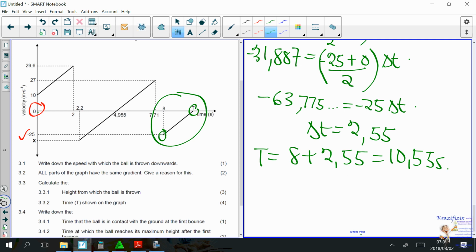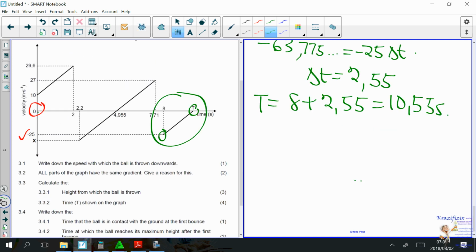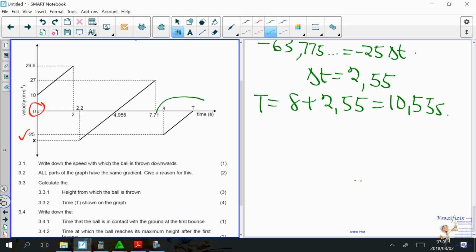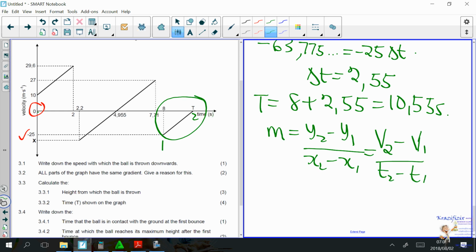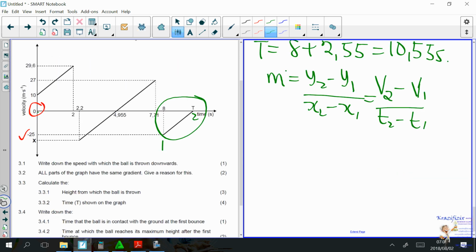Hold on. I do have a slope here again. Another option. Let's make this point 1 and this point 2. What is my gradient? y2 minus y1 over x2 minus x1. Remember now I can say it's v2 minus v1 over t2 minus t1, because it's velocity. My gradient already from question 3.2 is acceleration, positive 9,8.